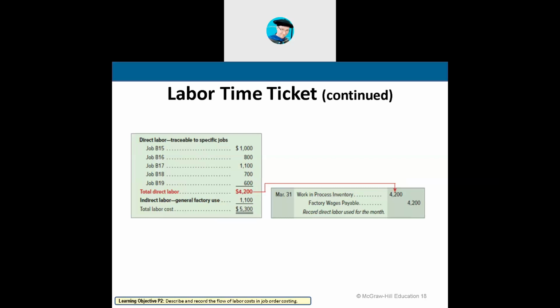And then we make an adjusting entry. We debit work in process inventory to add in the direct labor. We credit factory wages payable because eventually we've got to pay our employees. This shows the use of direct labor for the month.